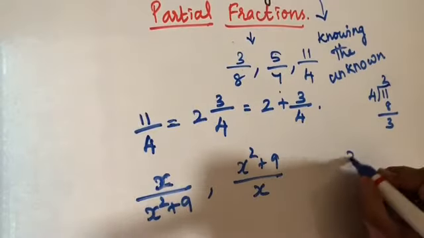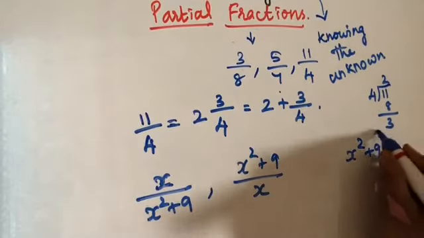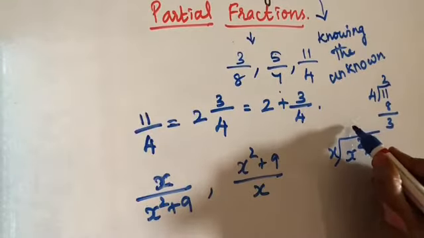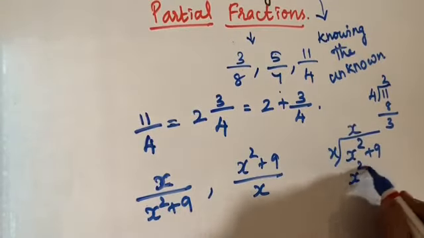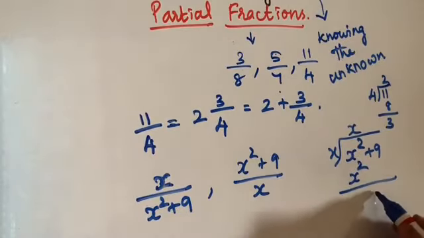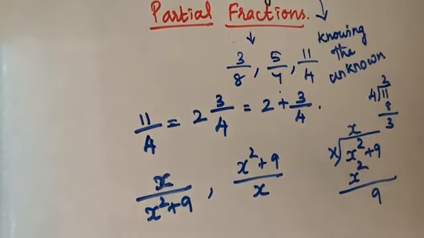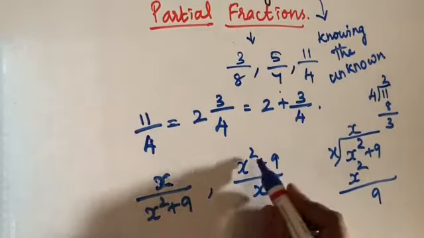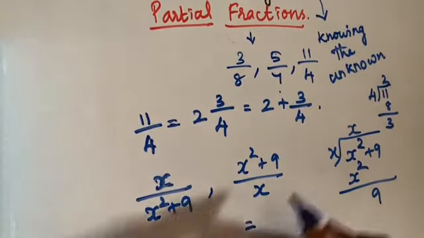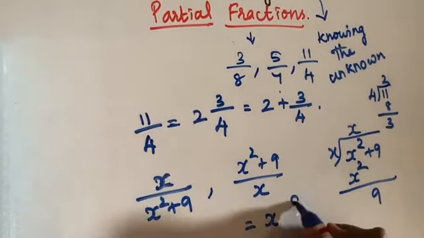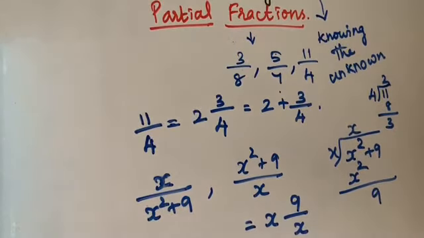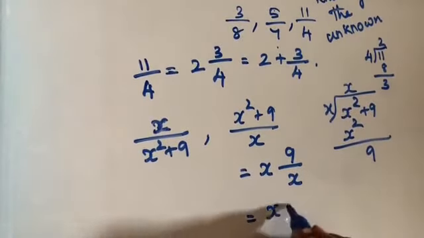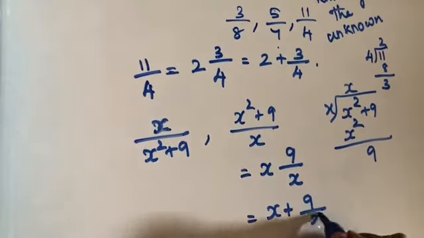If I divide x square plus 9 by x, I get x, and the remainder is 9. So I write x square plus 9 divided by x as x plus 9 by x.